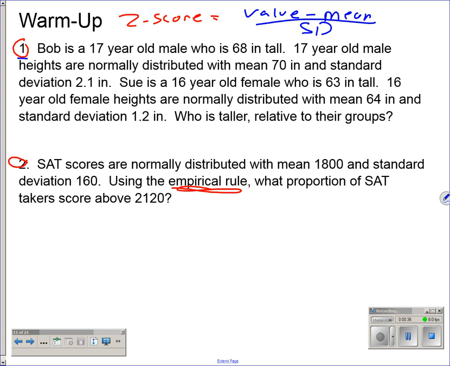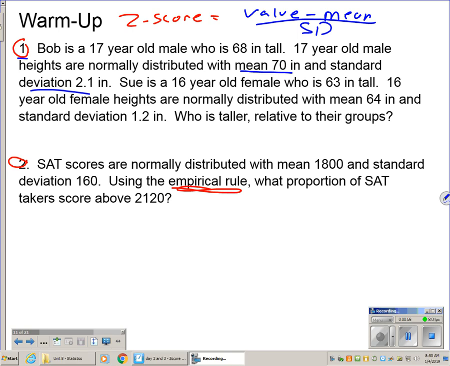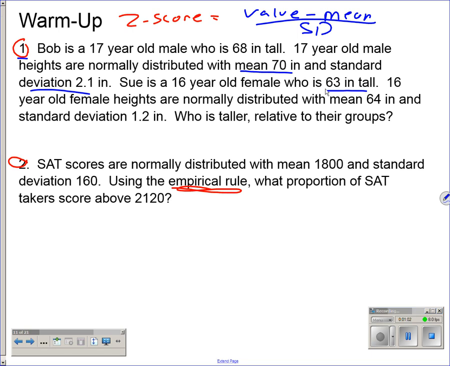Okay, so let's go through it. We got Bob's a 17-year-old male who's 68 inches tall. Then it gives the mean and the standard deviation for 17-year-old males. Then it gives the height of Sue. Sue's height was 63 inches tall, and it's also giving you the mean and the standard deviation for 16-year-old females.